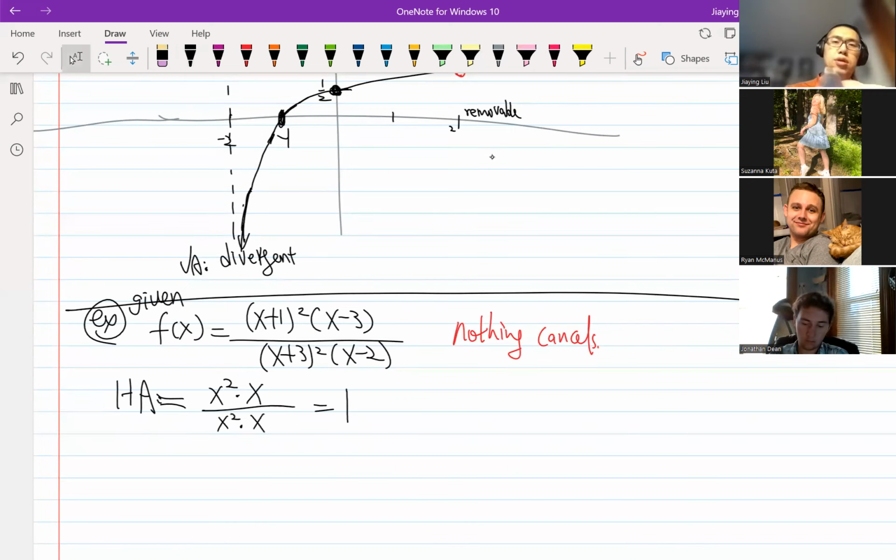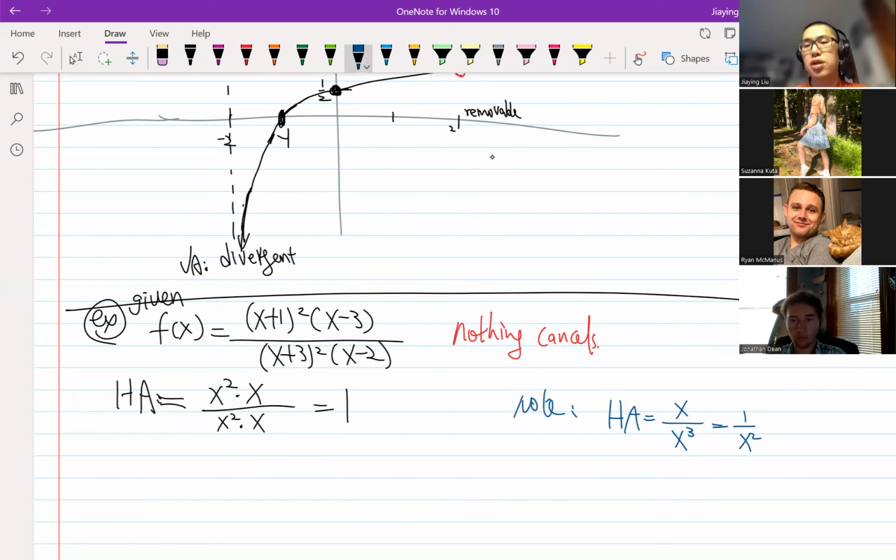Note, if we try to find the leading terms and have, say, x squared over x cubed, that's going to be 1 over x. Then we find what this gives us when x goes to infinity. We get 1 over infinity, which is 0, and when x goes to negative infinity, we also get 0.